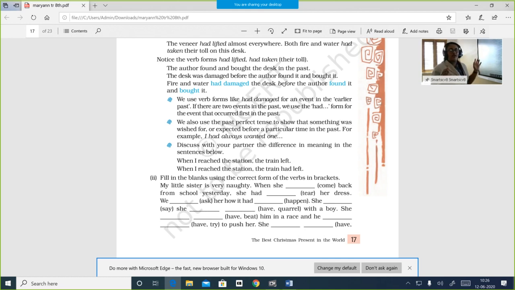Two past actions are given, and the wish will be given in the past perfect. For example, I had always wanted one. Teacher had always wanted students like you. Look at the participants list, and teacher had always wanted students like you.